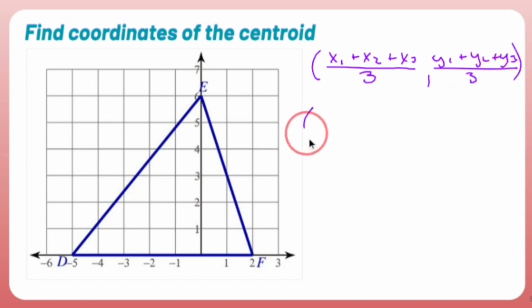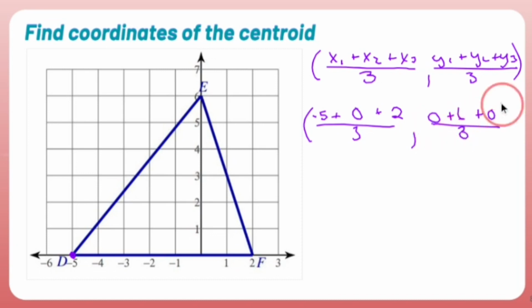All right, so let's find out our 3 x values. That x value is negative 5, plus that x value is 0, I think I can handle that, plus that x value is 2. So negative 5, 0, 2, divided by 3. My y values are 0, this goes all the way up to 6, so plus 6, and this is 0 again because that point is (2, 0).